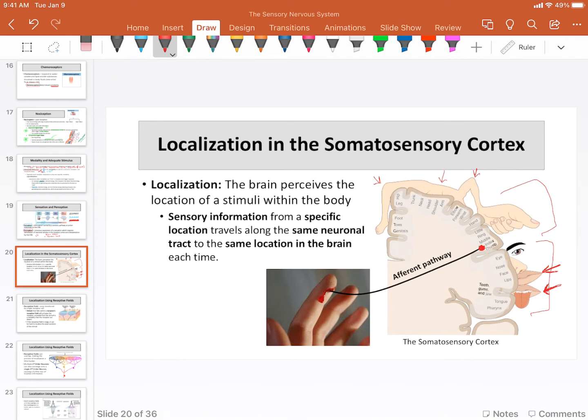Now, one reason for the sensory information is of course to detect things that feel cool, but we also use that sensory information to provide feedback to our skeletal muscles.